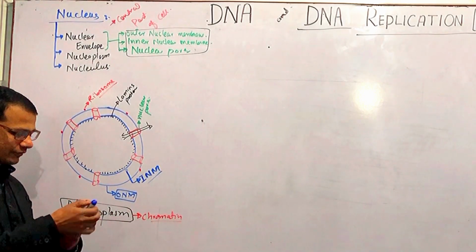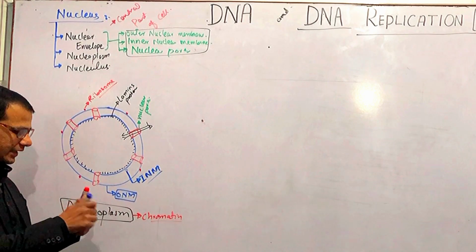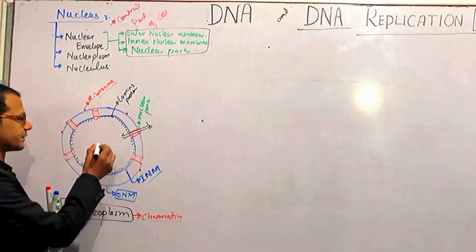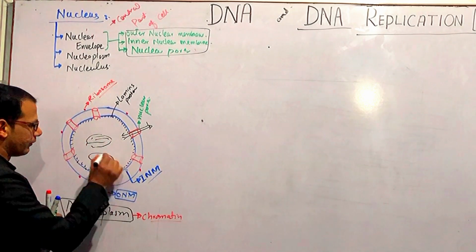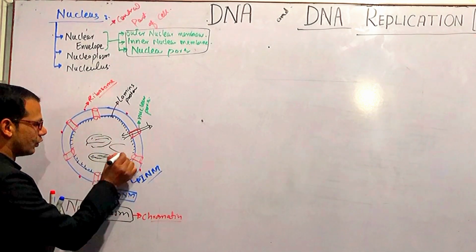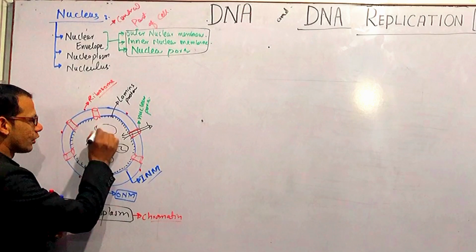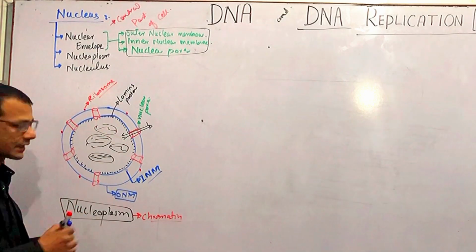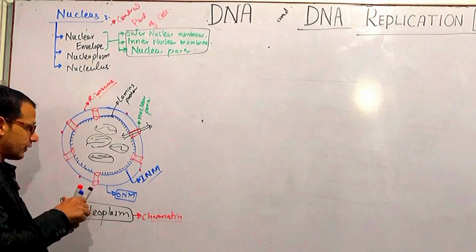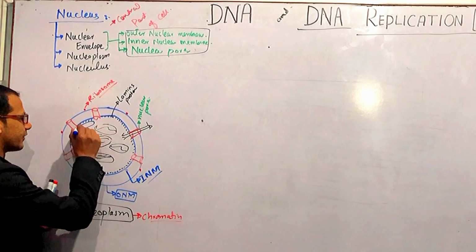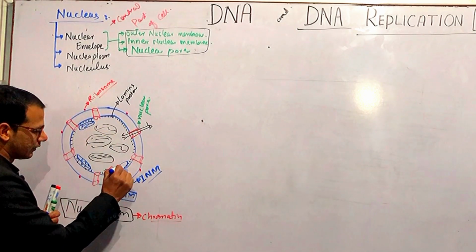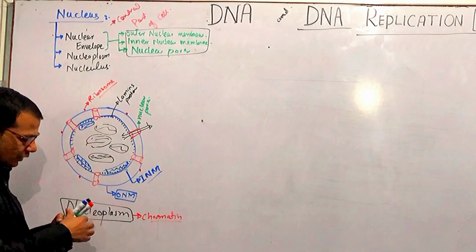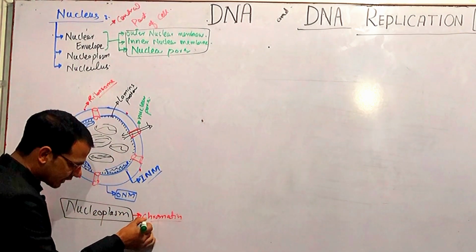But I have told you that chromatin is present in two forms: euchromatin and pro-chromatin or heterochromatin. These are also chromatins. So chromatin is present in two forms.